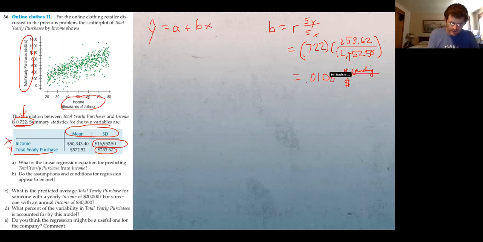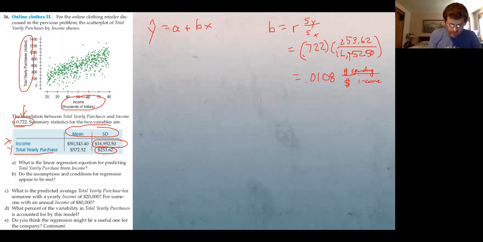All right, so I just wanted to add the units to this one. I might not do this at the end, but basically $0.0108 in spending for every dollar in income. And that's the slope that we just found.